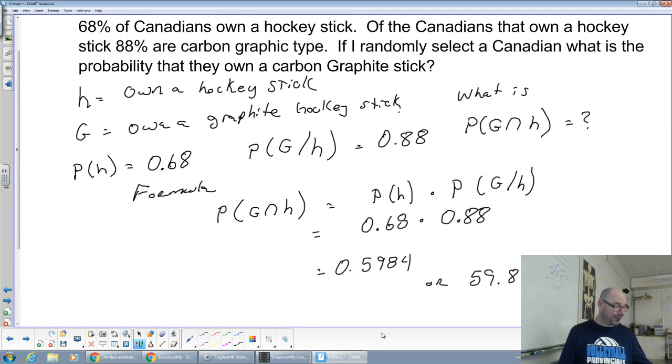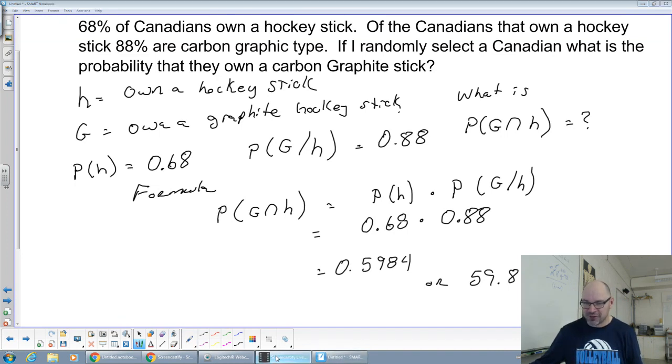Okay, so that's an example of using that conditional probability. You multiply the probability that you own a hockey stick and the probability of the hockey stick owners that have graphite sticks. Okay, so that's the second type of question that shows up.